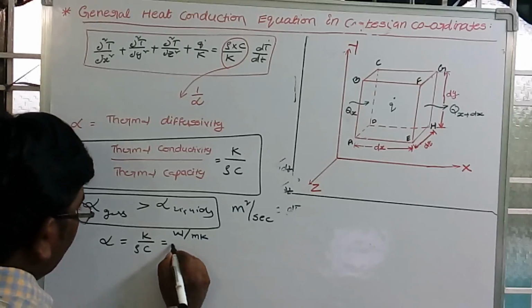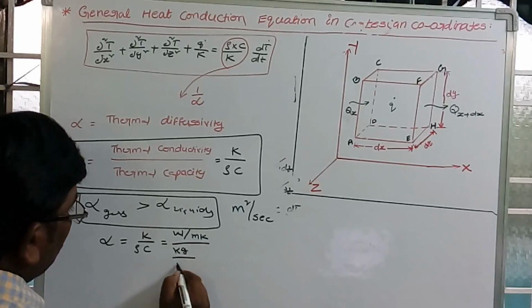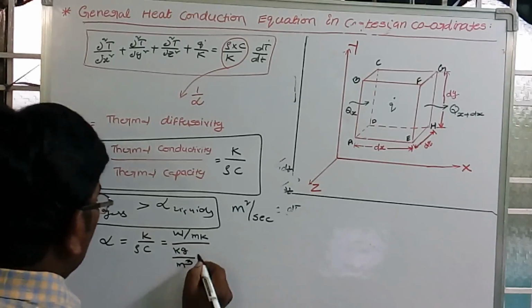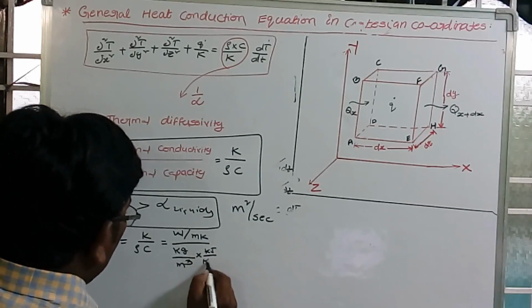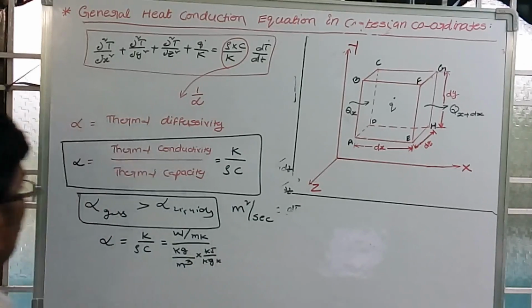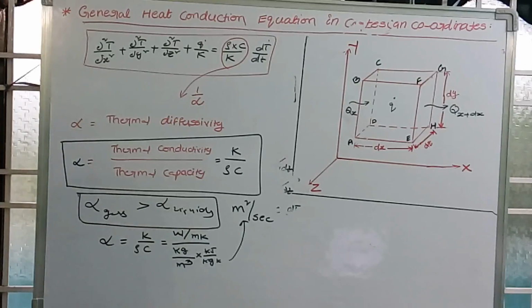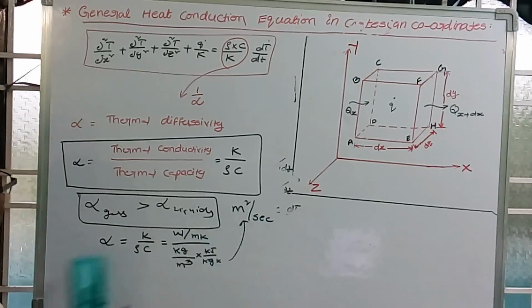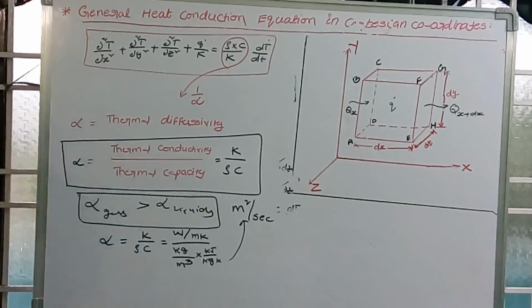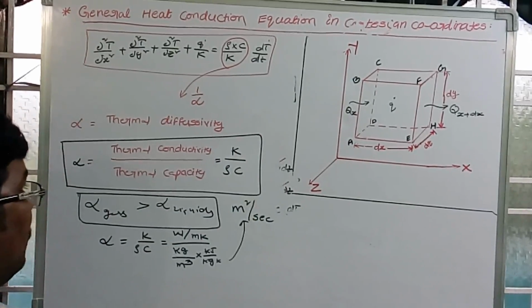Rho is in kg per meter cube, and C is in kilojoules per kg Kelvin. So finally the unit is meter square per second. This is our important derivation, the general heat conduction equation in Cartesian coordinates. Thank you.